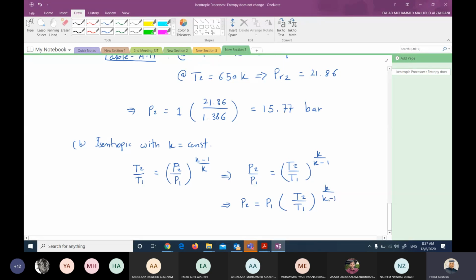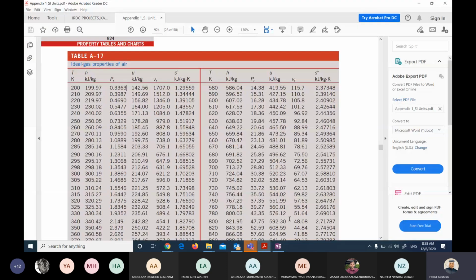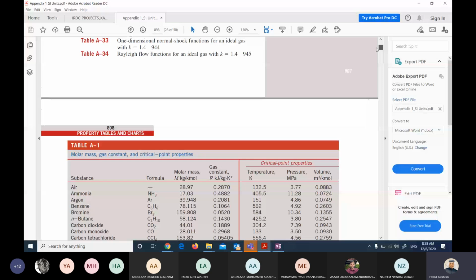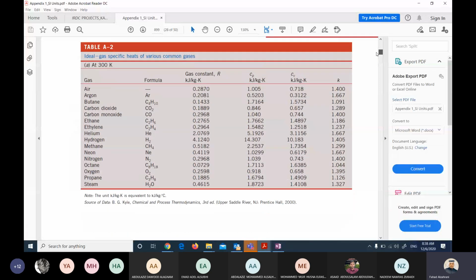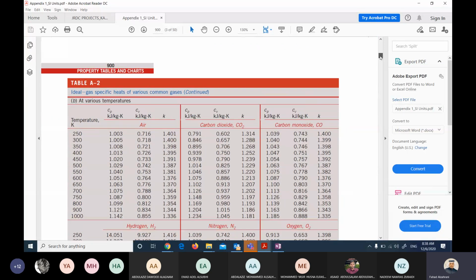I told you to evaluate K at the average temperature, or take the average K. So at 300 Kelvin, what is K? We go to table A2b at various temperatures.